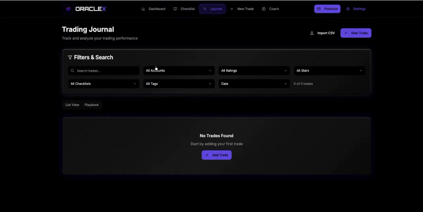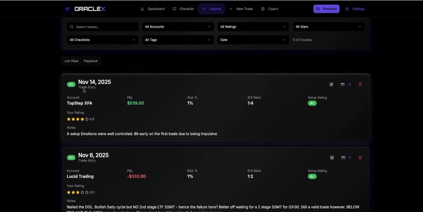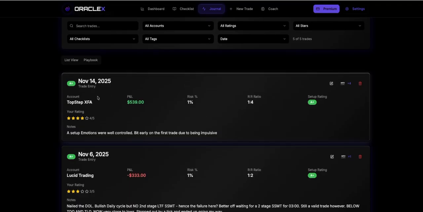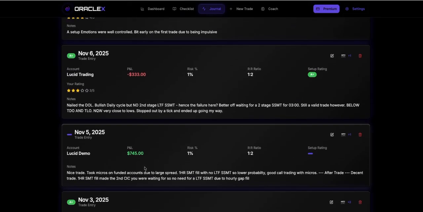So this is the Lucid demo journal here. I've journaled this trade on XFA accounts. So this is the example of the trade here. I've just made this as an example. These are all my other trades here on the demo on Lucids. Some really, really nice trades here.